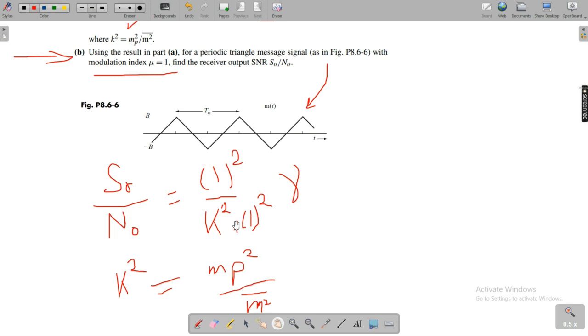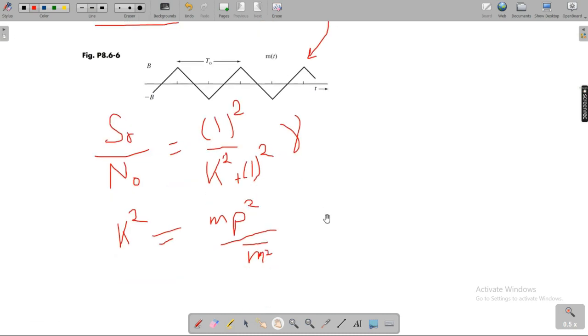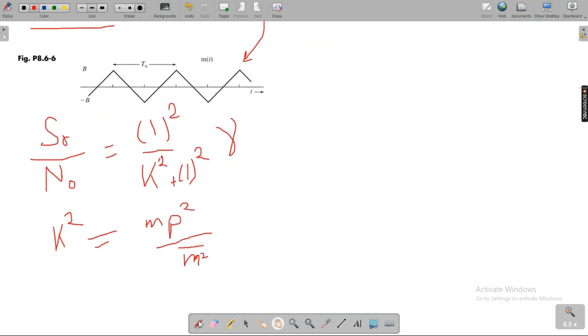Okay. For the periodic triangle message signal, we have an interesting info mentioning that the mean value of m square equals what? It equals 1 over 3 multiplied by b square. What is the b square?